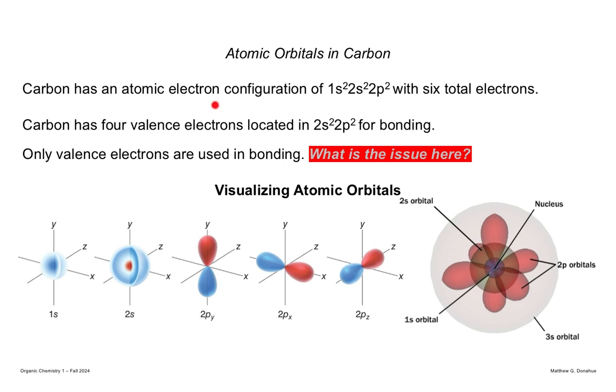So the atomic electron configuration of carbon is 1s2, 2s2, 2p2, that's 6 total electrons, 2 plus 2 plus 2. We don't use the core electrons, so those are not used in bonding.